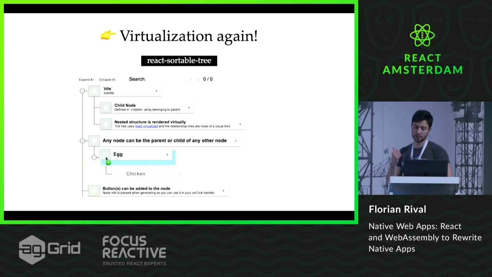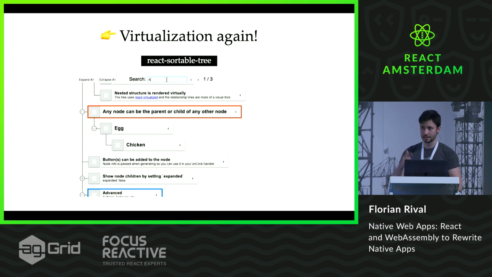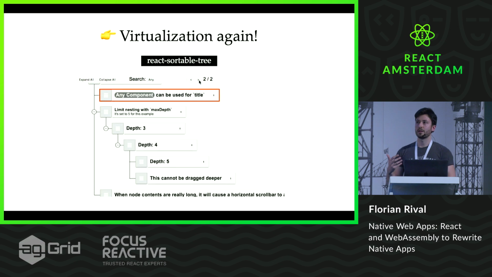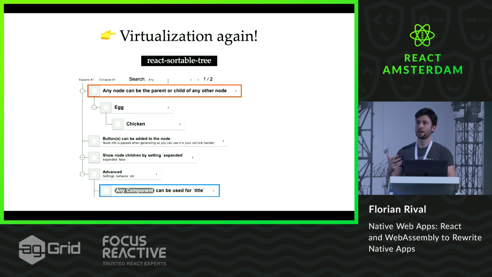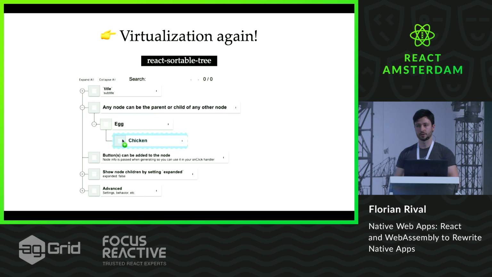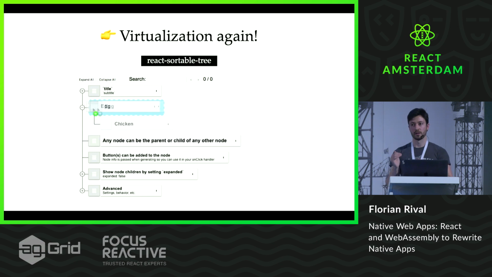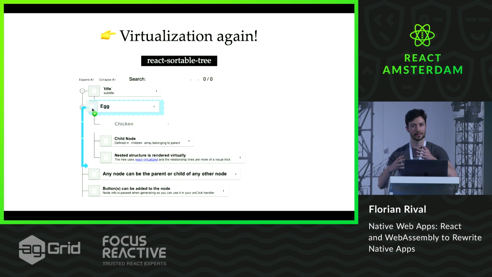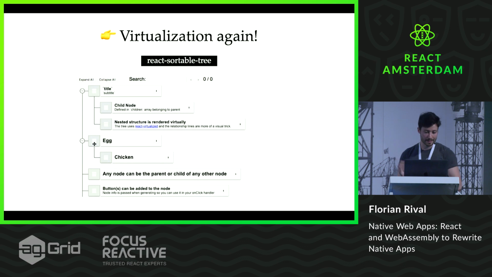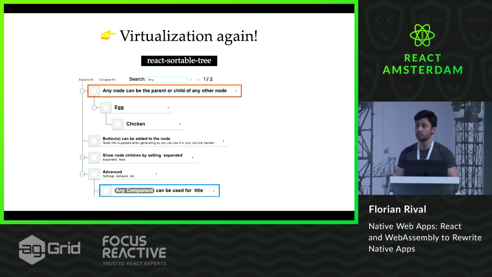And the way it's done is super interesting. It's using React Virtualized again to only show every node that you see in the tree as a row of a list, but there is no real tree displayed on screen. The lines that you see on the left are just fake lines to make it look like a tree.